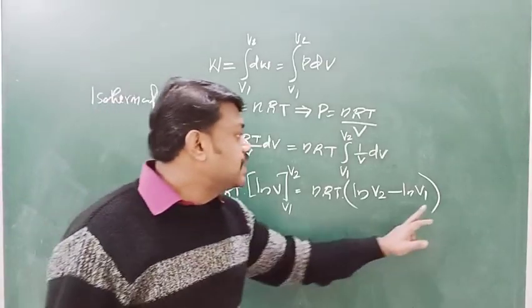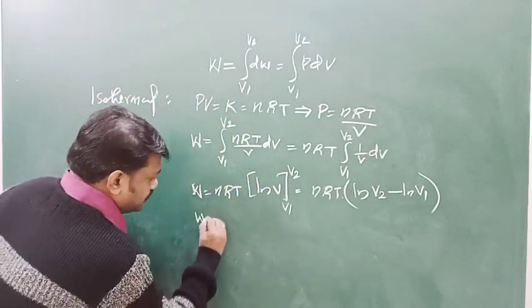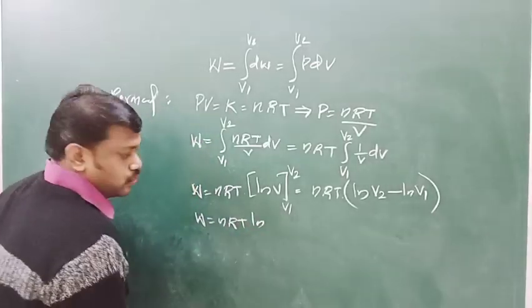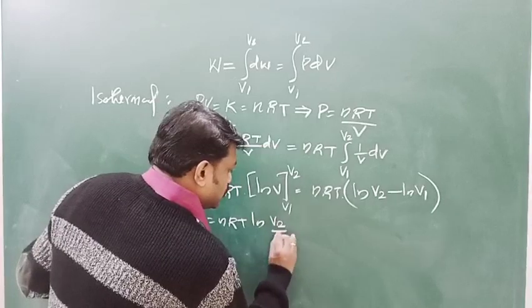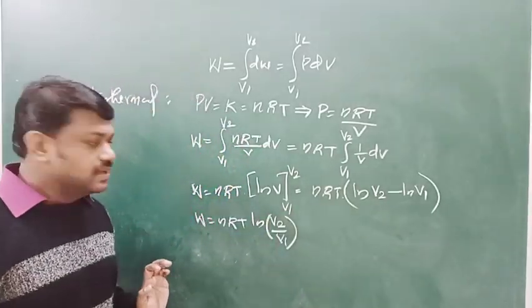Log A minus log B is log of A by B. So W equals nRT log, this is natural logarithm, log V2 by V1.